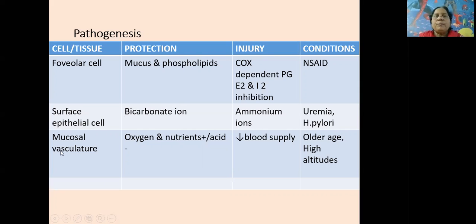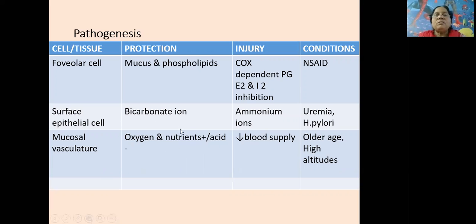And of course, the mucosal vasculature is responsible for the supply of oxygen and nutrients. That is reduced in older age or when a person goes to high altitude, etc., so there is reduced blood supply.